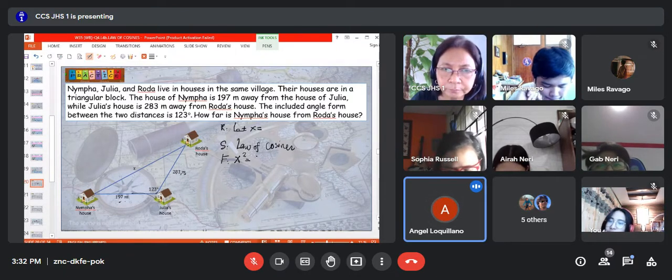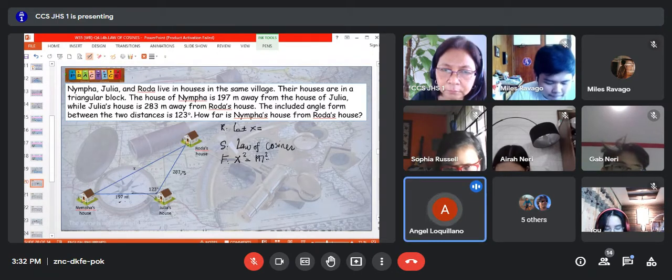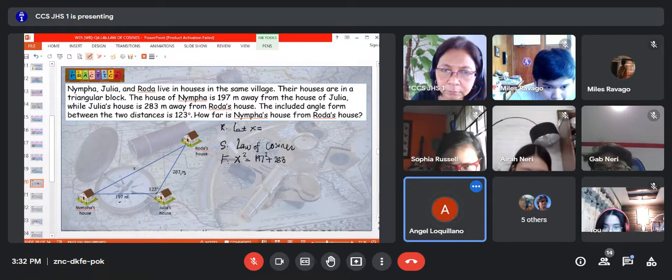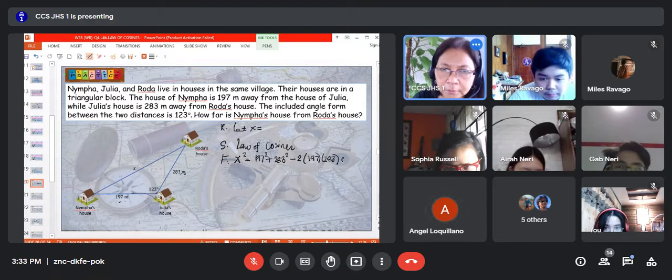X squared equals 197 squared, correct, plus 283 squared, correct, minus 2 times 197 times 283 times cosine 123.